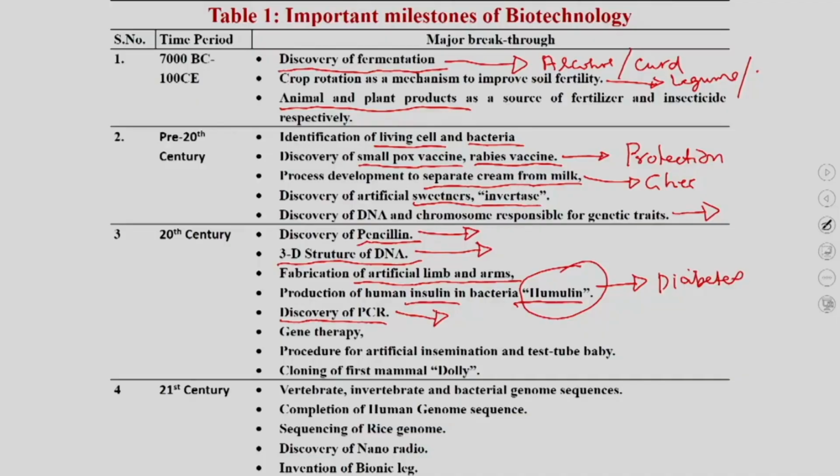And then they also did gene therapy, or rather they developed the principles of how to use gene therapy, and then they developed artificial insemination as well as the test tube baby. Artificial insemination and the test tube baby revolutionized the field of OB-GYN and helped couples who were not able to have their own kids.